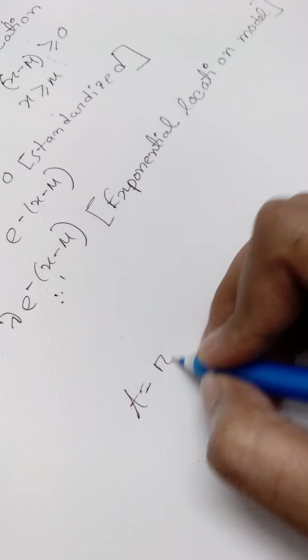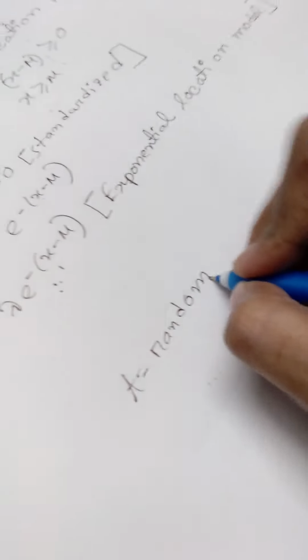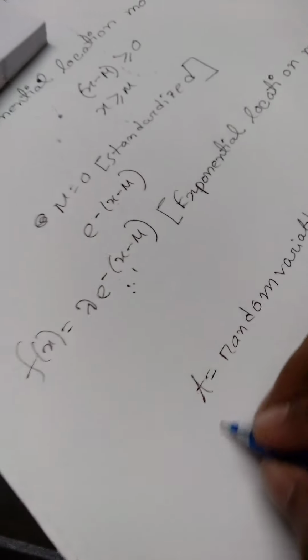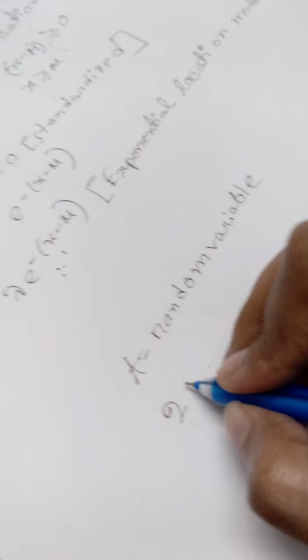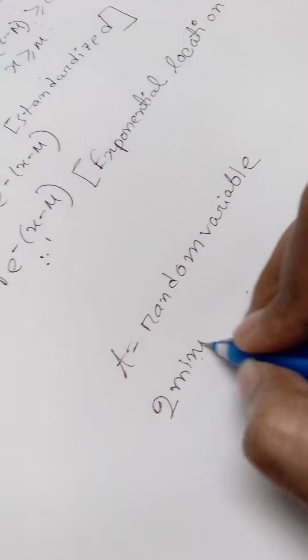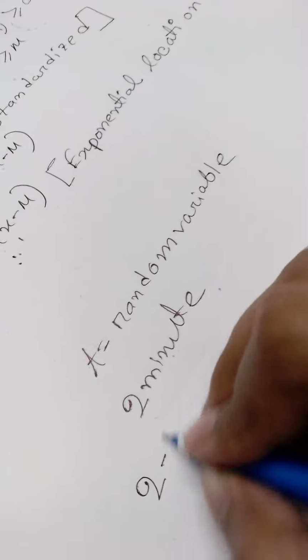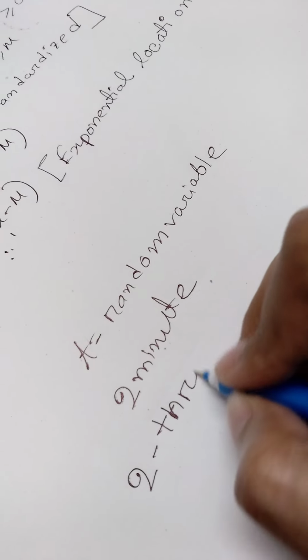And for those students, what is the minimum value for this problem? Here time is a random variable which cannot be negative, and the minimum value is 2 minutes. And here 2 is the threshold.